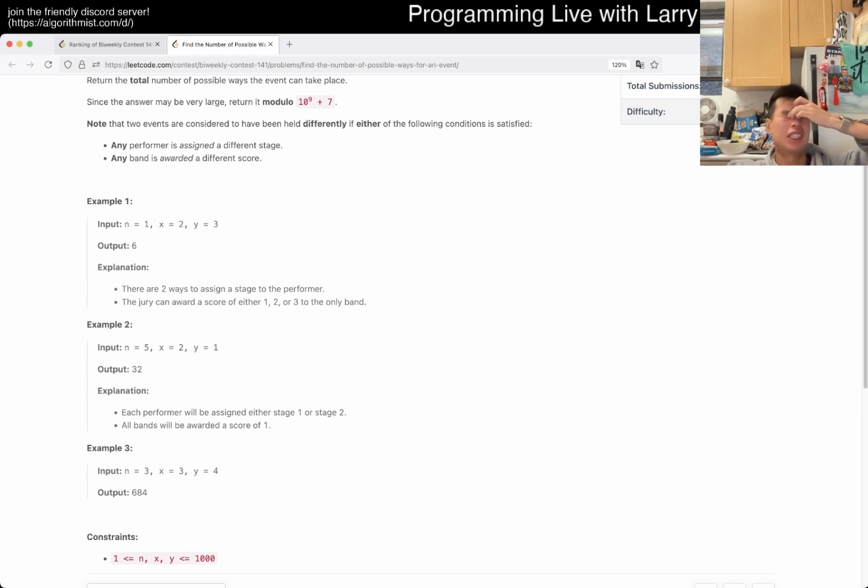How do we ensure each stage has 1 person that have?